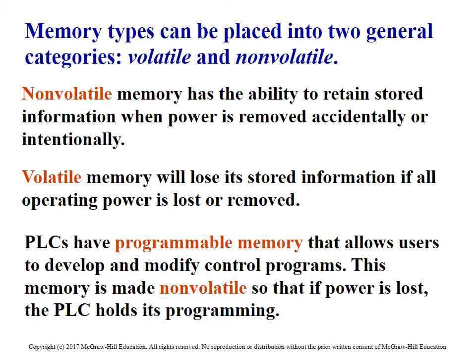Memory types. So we got non-volatile, volatile, and all this business. So what does all that mean? Non-volatile means the information will be stored or recoverable through a loss of power. Volatile means we're going to lose that information if we lose power.